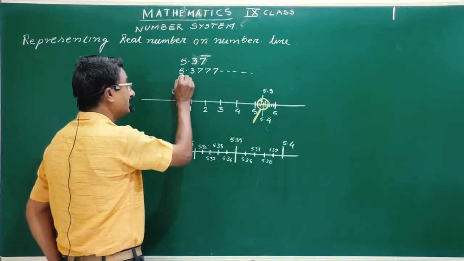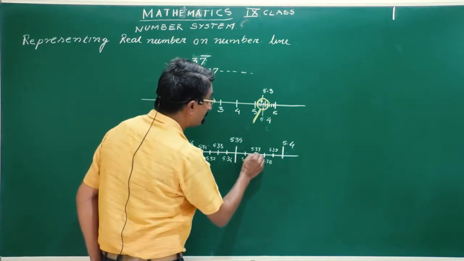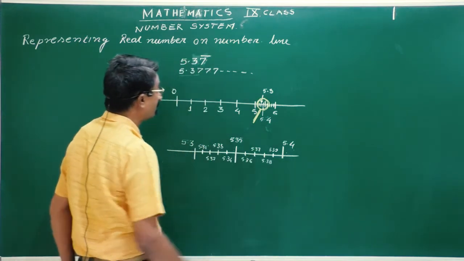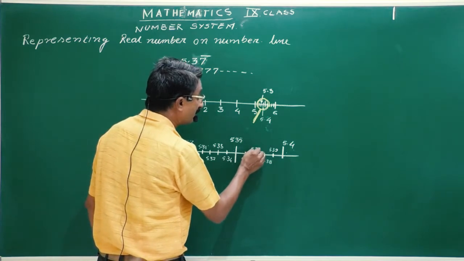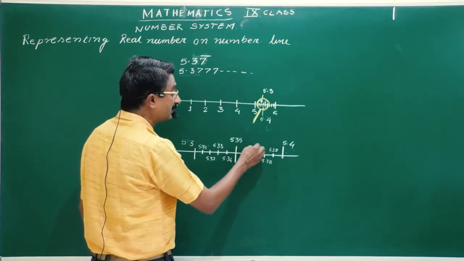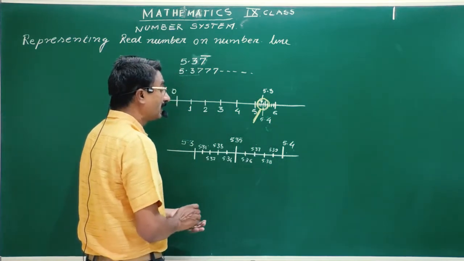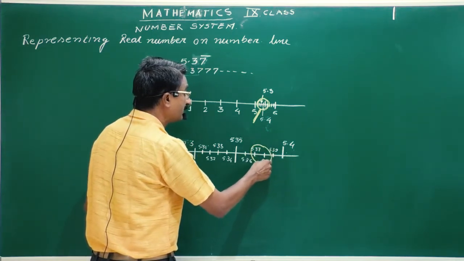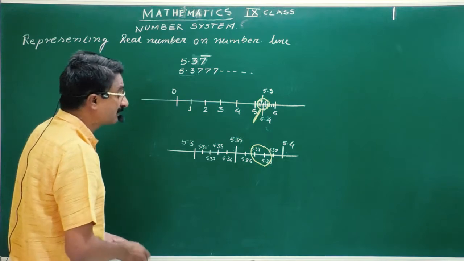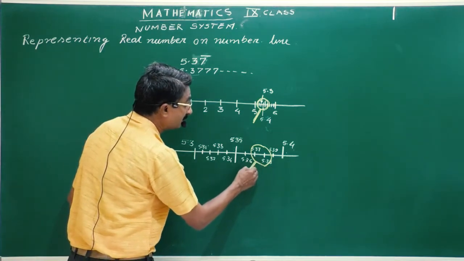Now, these two numbers are there. 5.37. This is the number. But we need 7, means this will lie in between 5.37 and 5.38. So what we have to do? Again we have to magnify the range between these two numbers. Means we will magnify again.